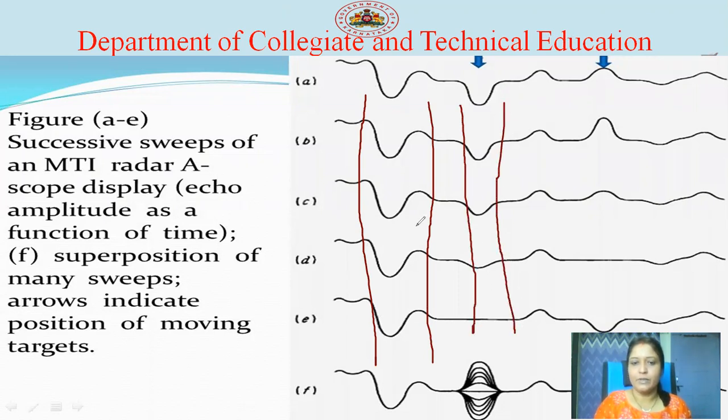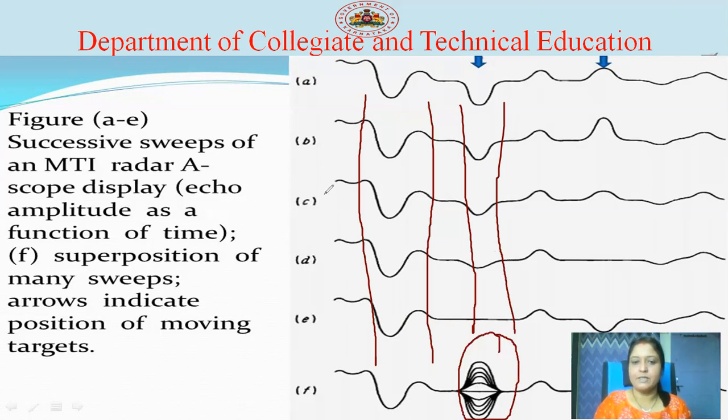Here the output is always remaining the same, but for the moving target it is continuously changing. Therefore when those are subtracted at the output of the subtractor, these two will get cancelled, but for the moving target the output is present. Therefore this is detected as the particular moving target.